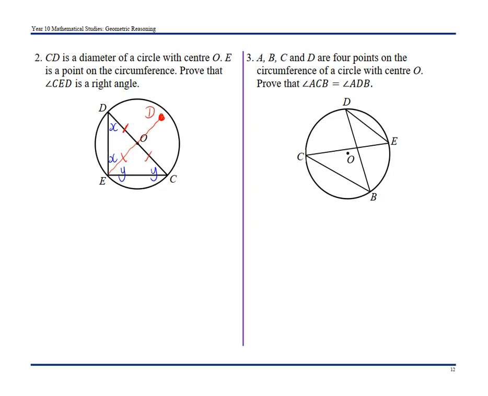I'm just going x, x, y, y. So that means this angle in here has to be 180 minus 2x. That angle in there has to be 180 minus 2y. Following on from that, this angle here has to be 180 minus 180 minus 2y, which is 2y.